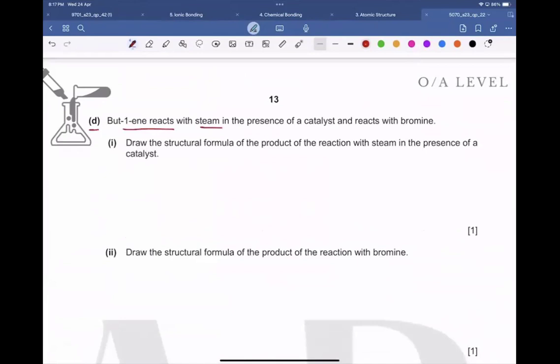Okay. Now, D part. But-1-ene reacts with steam in the presence of a catalyst and reacts with bromine. Draw the structural formula of the product of the reaction with steam in the presence of a catalyst. So, if you see, that is but-1-ene, CH2 double bond CH, CH2, CH3. When it reacts with steam in the presence of a catalyst, what will happen?